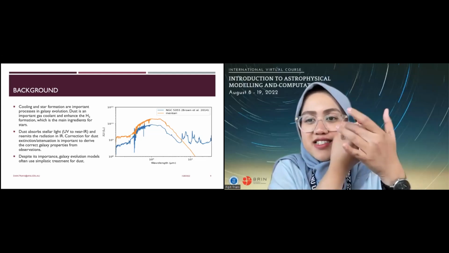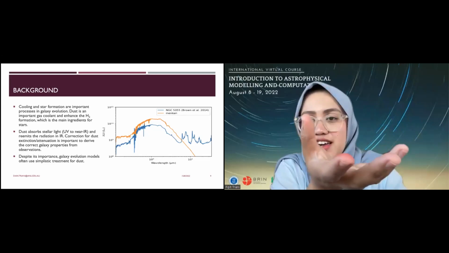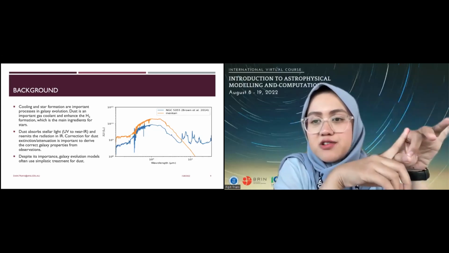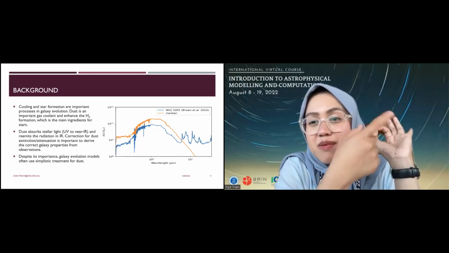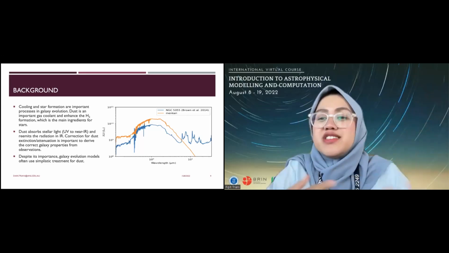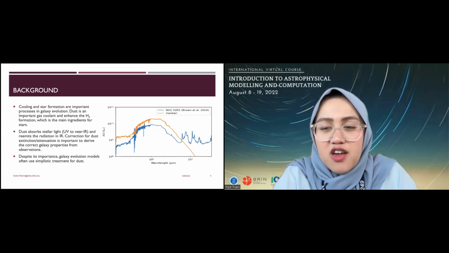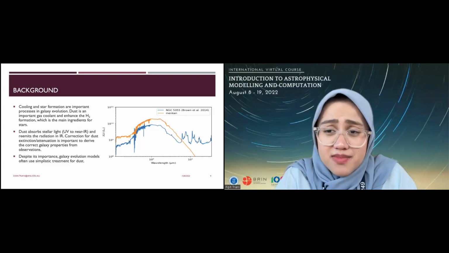Dust has surface, right? Dust is a solid particle, not like a gas. Because it is a solid particle, it has a surface, which can be the site for the formation of molecular hydrogen, which is the main ingredient of stars. So the existence of dust in a galaxy can affect the star formation as well.